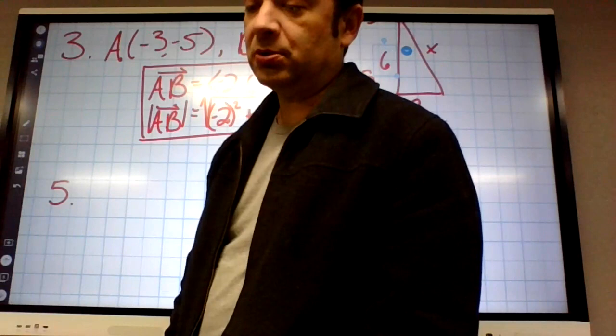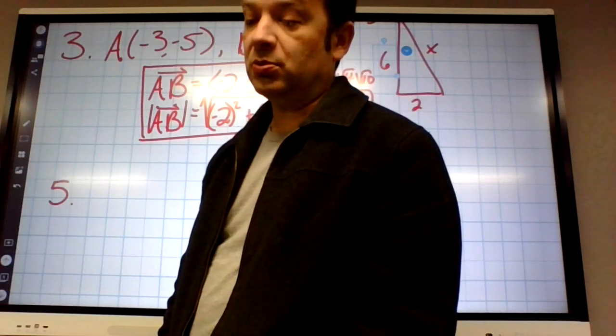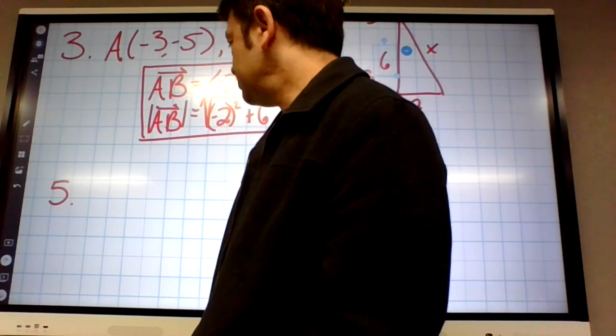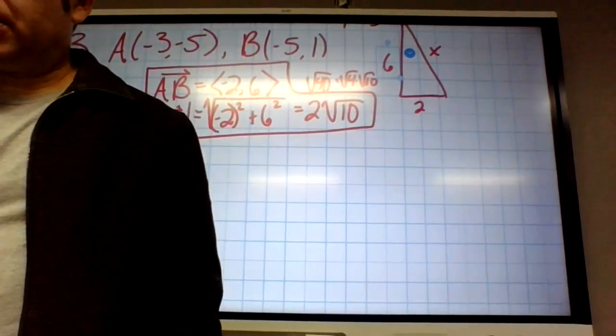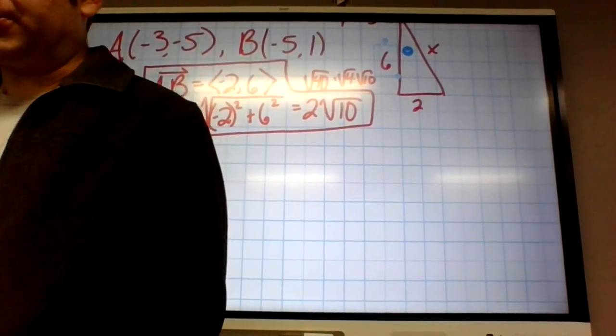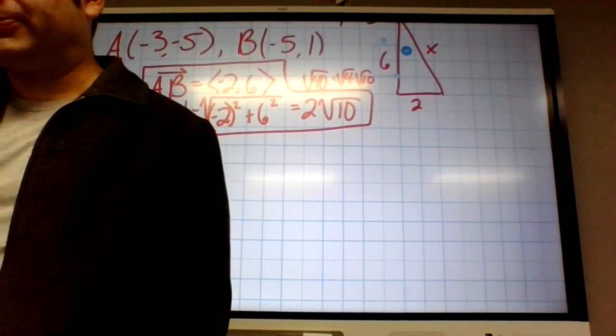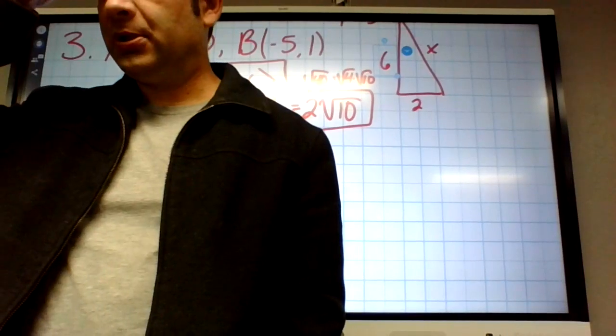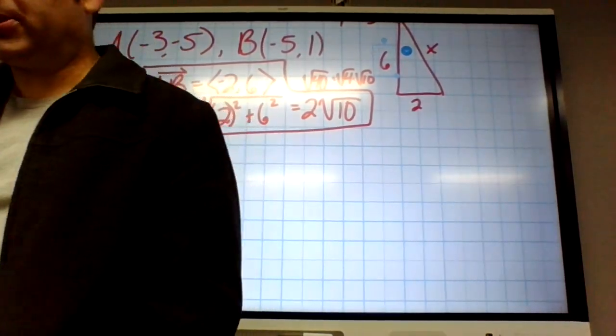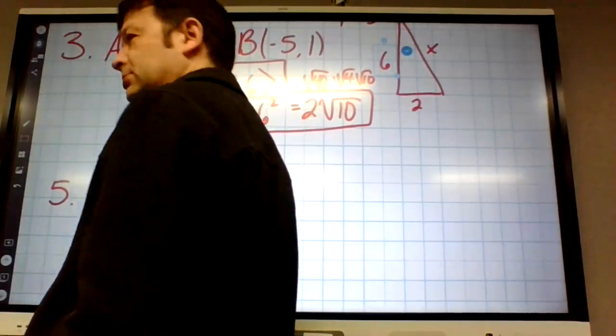Numero 5. Okay, so that was component form, we talked about that one yesterday. On number 5, we're switching to what they call polar coordinates.